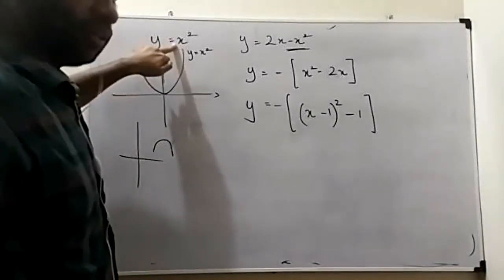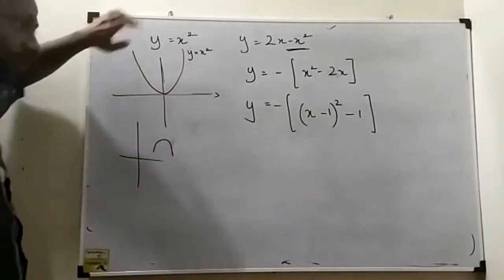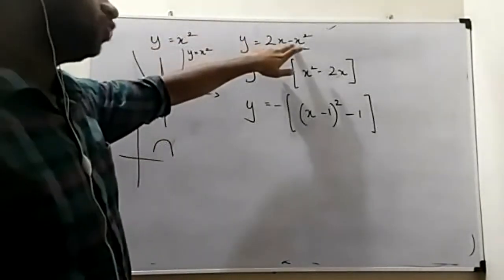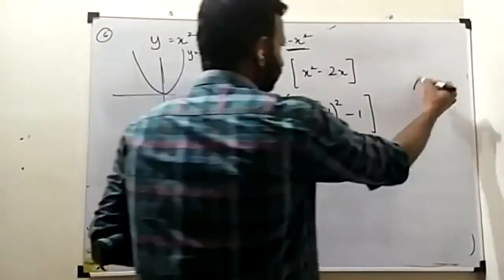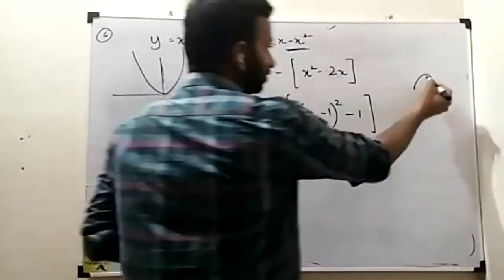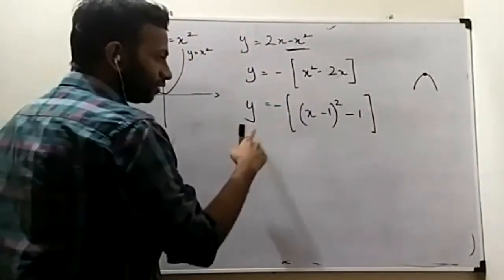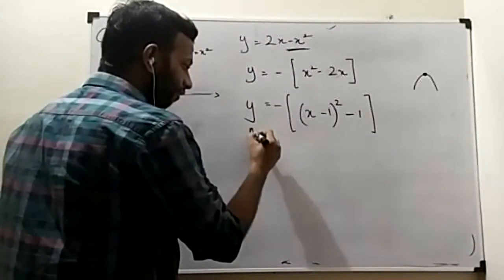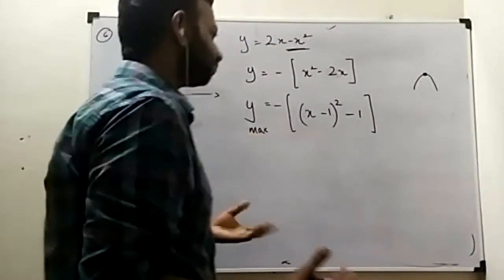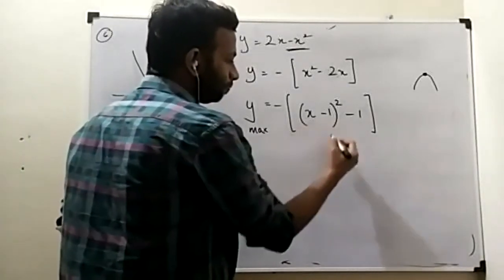The coefficient is positive, so that means it's a minimum graph, like this. Because here the coefficient is negative, it's a maximum graph. The graph comes like this. What is this point? So y is a maximum graph. So y is maximum. Y becomes maximum when this value becomes minimum.